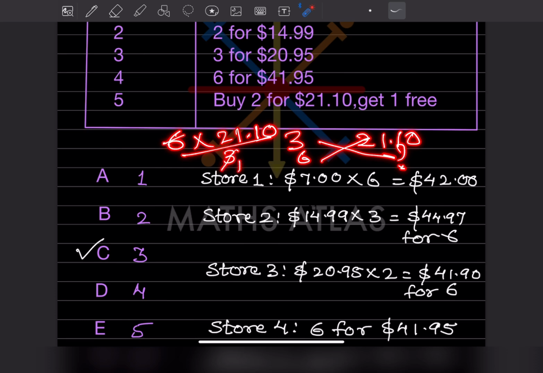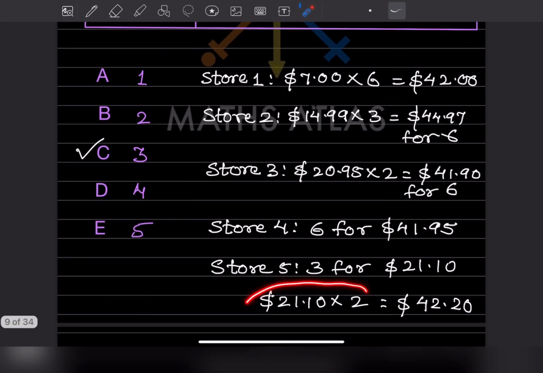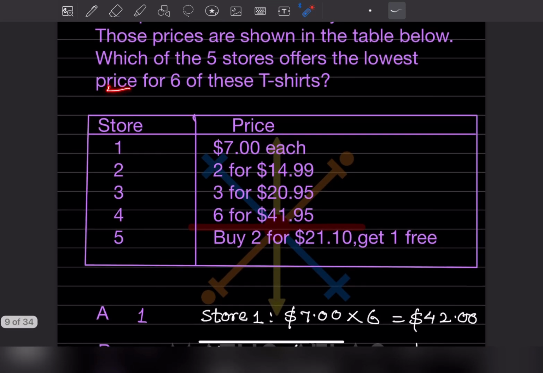So 3 ones are 3, 3 twos are 6. So you are going to multiply 2 into 21.10. Hope you got this one. So we can multiply 2 into 21.10 or 21.10 into 2, both are the same. So when you multiply this, you get 42.20.